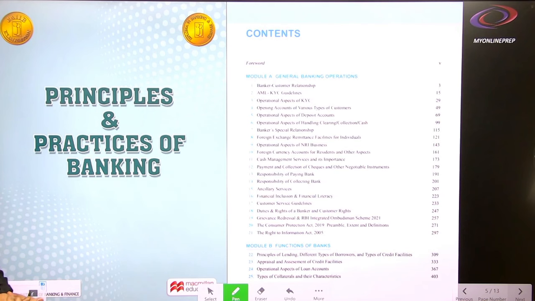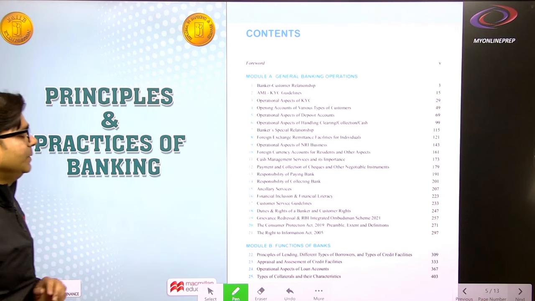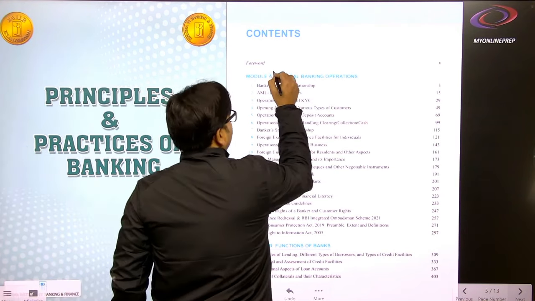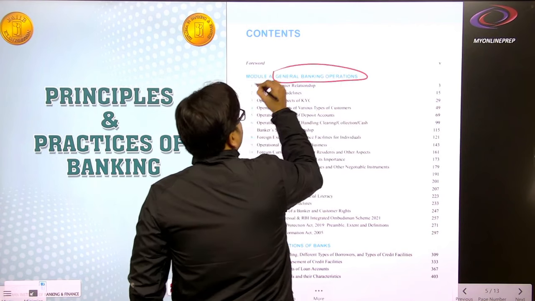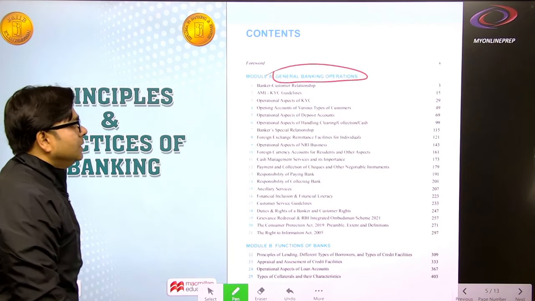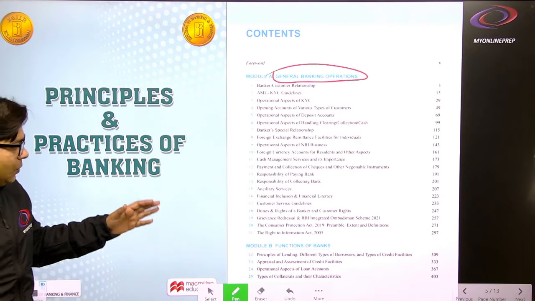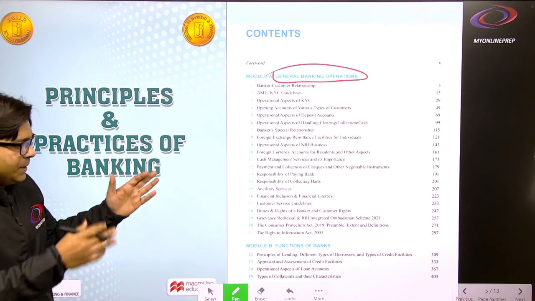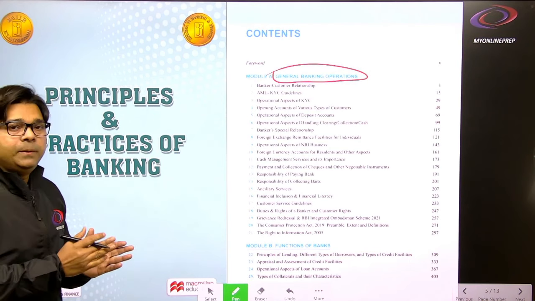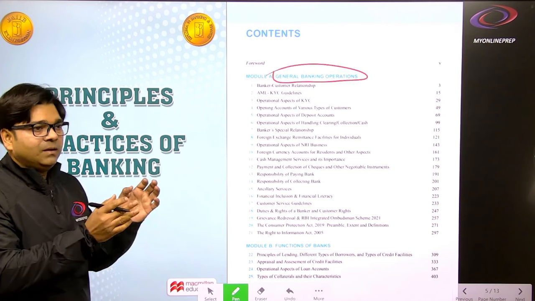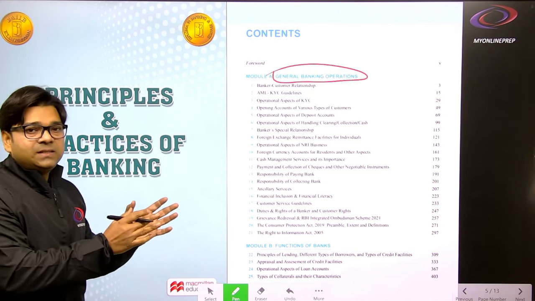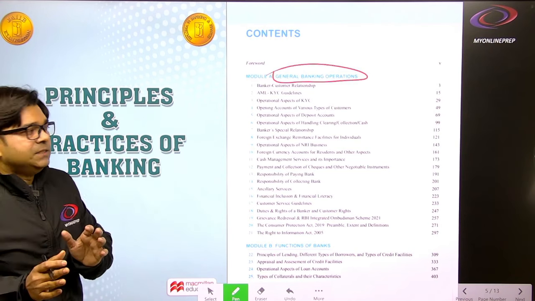So in module A, general banking operation, if you remember in PPB, this heading was not there. Now what they have done, they have separated the PPB book into assets part and liabilities part.